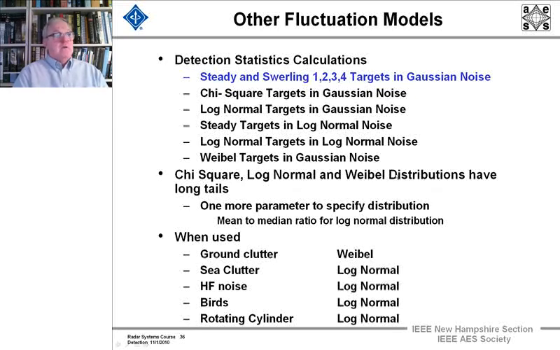These have long tails, and more than one parameter is needed sometimes to describe the distribution. And for the log normal distribution, it's the ratio of the mean to the median. For a Gaussian, the mean and the median are the same. For these distributions, there's a long tail of the upper amplitudes, and there are a lot of different things. There's actually been a book written on the log normal distribution.